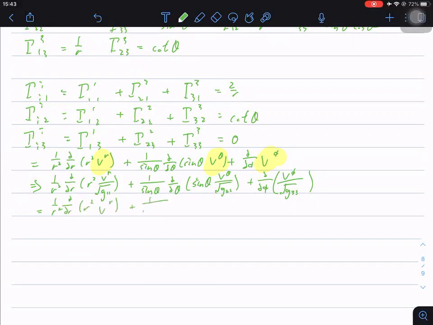So we have an extra 1 over r here, and extra 1 over r sine theta here. And that should be the usual form of divergence you have seen in orthogonal basis. Okay? Any questions?